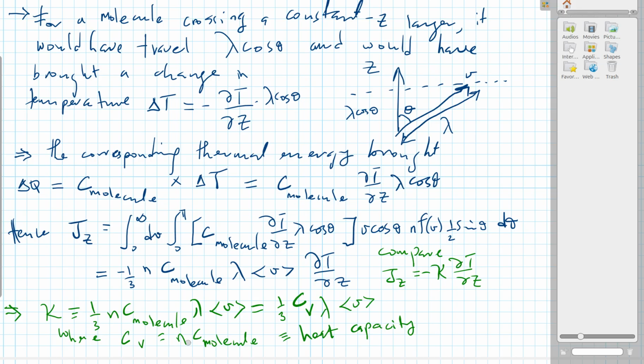So it's number density times heat capacity of molecule, right? So number density times heat capacity of molecule, it's going to be specific heat capacity. So how can I write that? It's called specific heat capacity.